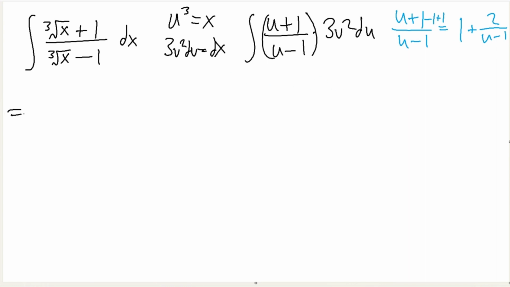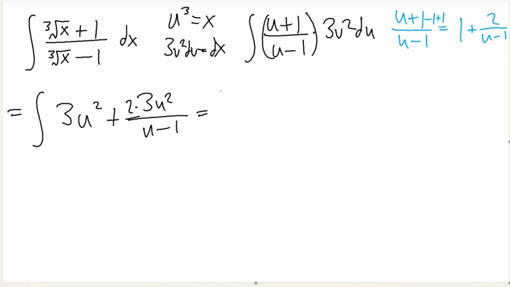Okay. So then in that case we have 3u squared, a free 3u squared, and then plus 3u squared times 2, don't forget that, over u minus 1. So this is just some polynomial division.